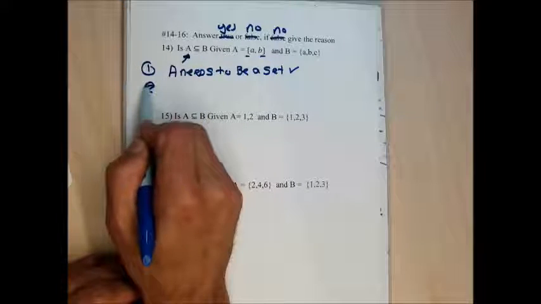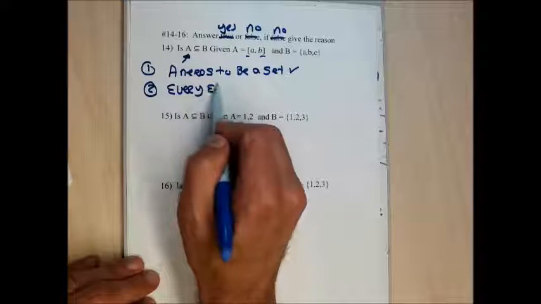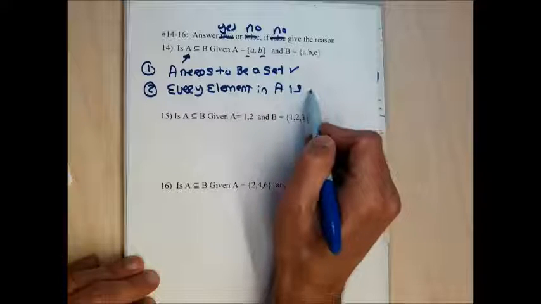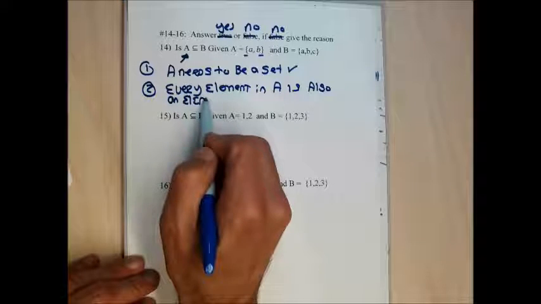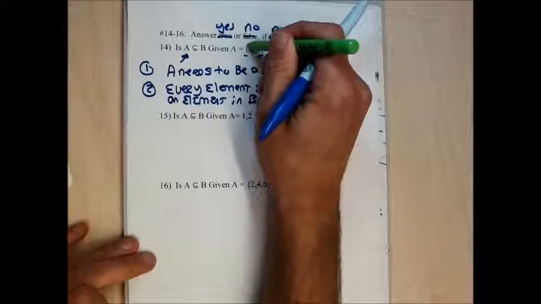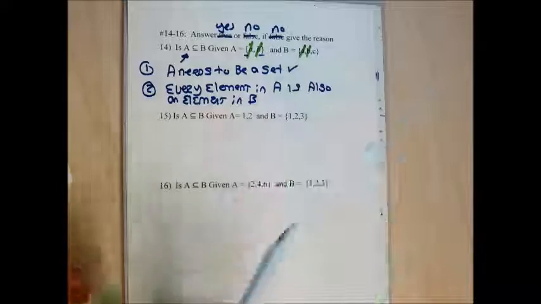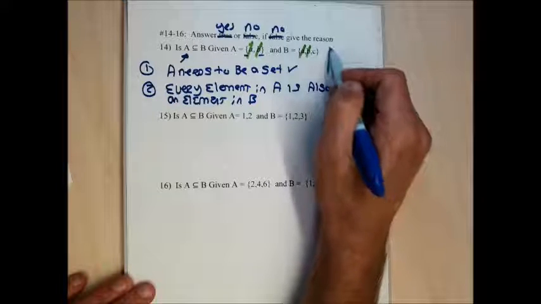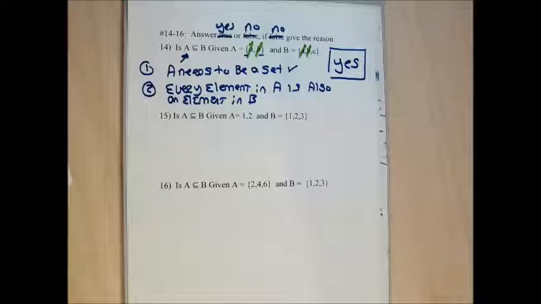And the second thing I need for this symbol to be true is that every element in A is also an element in B. And there's 2 elements in A. A is an element of A, it's also in B. B is an element of A, it's also in B. So I'm going to answer, is A a subset of B given this? My answer to this is going to be yes. And because it's yes, I don't need to give a reason why it's not.